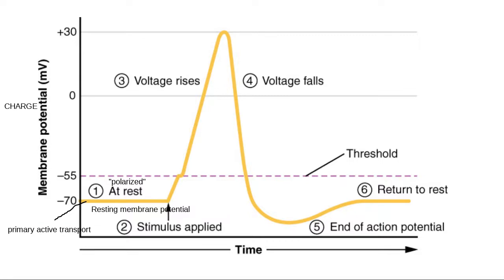In particular, what we talked about was the sodium-potassium pump. So what makes my membrane polarized, what makes me start at -70 is the sodium-potassium pump. And the sodium-potassium pump is an example of primary active transport.